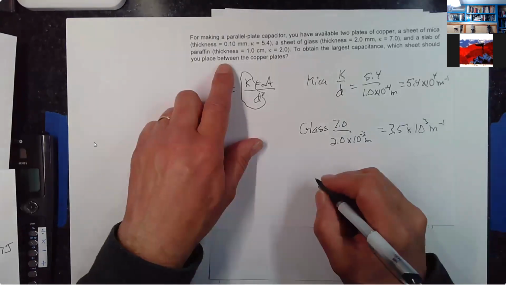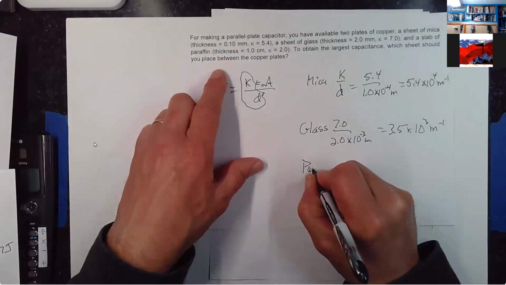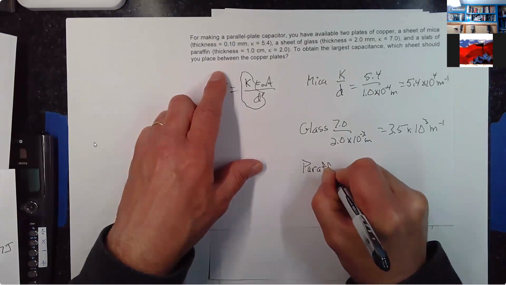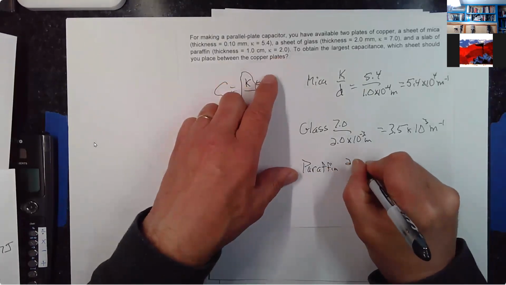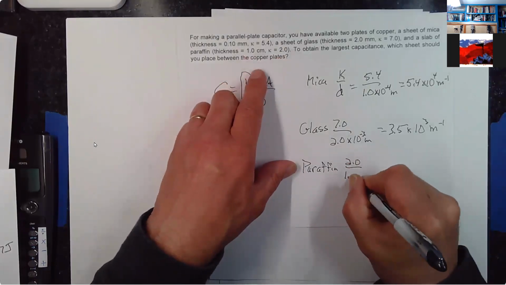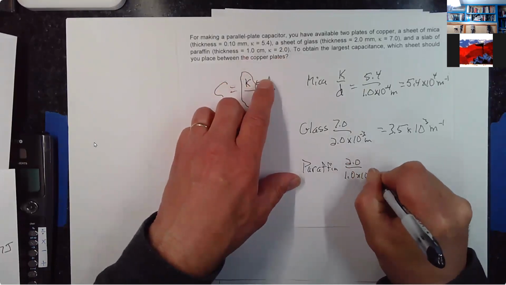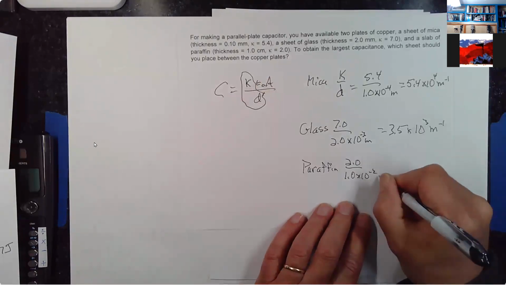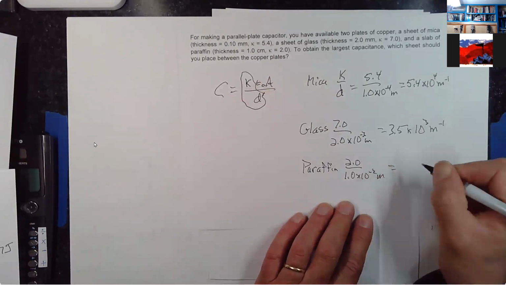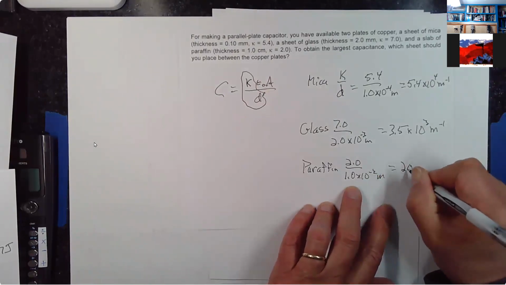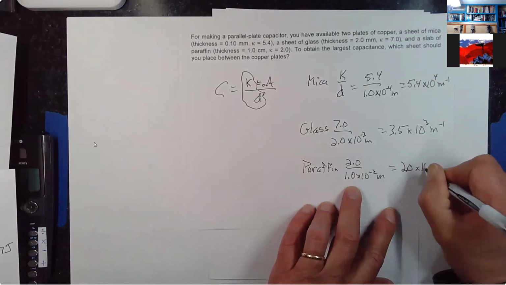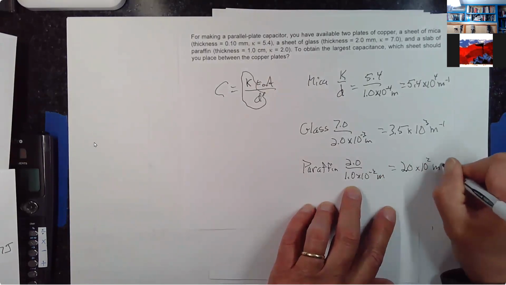And then the paraffin, which kappa is 2.0 and then 1.0 times 10 to the minus 2. And we could have done these in our heads actually, but this will be 2.0 times 10 squared meters to the minus 1.